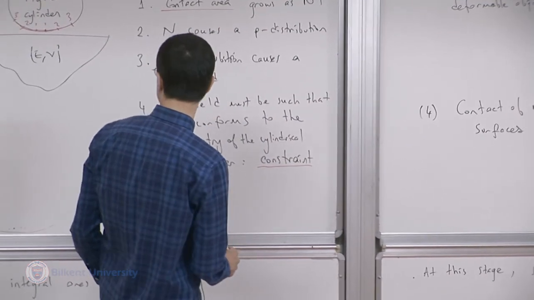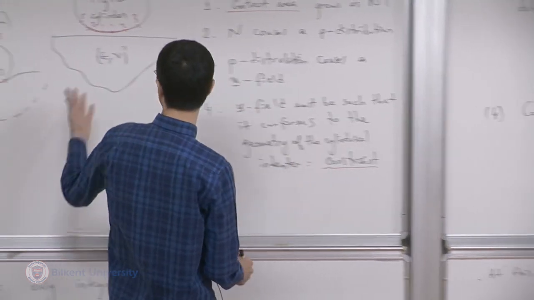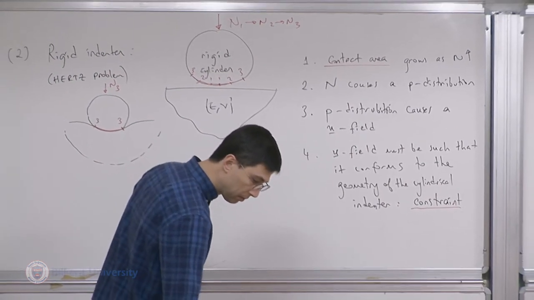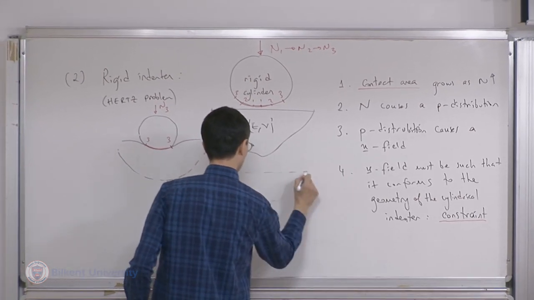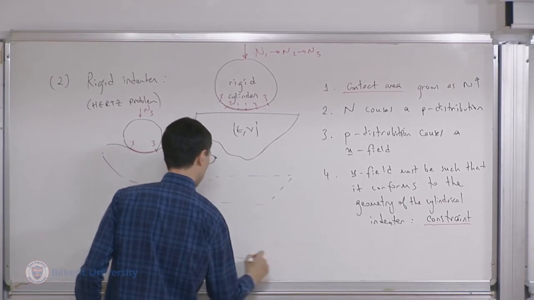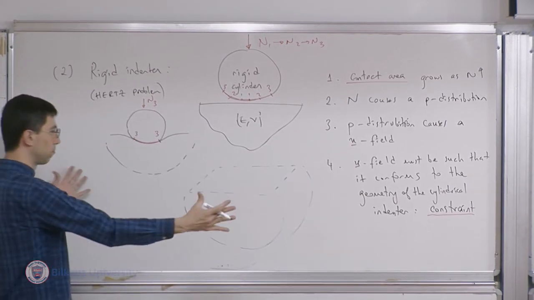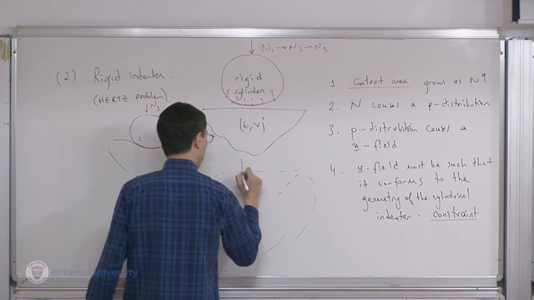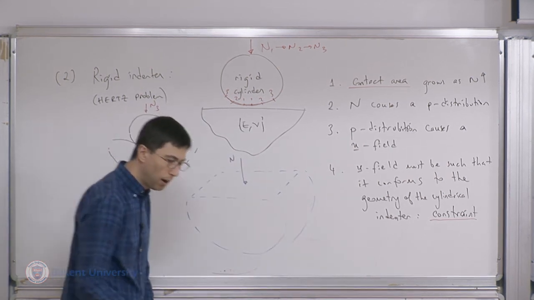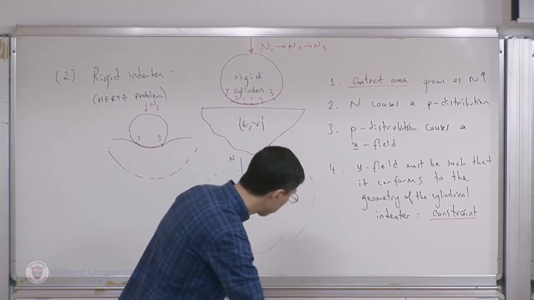Let me try to depict it clearly. Well, maybe this is a good point to depict it. So in that case, I would take a large stretch of the domain. There is a point force N. I would work in spherical coordinates.